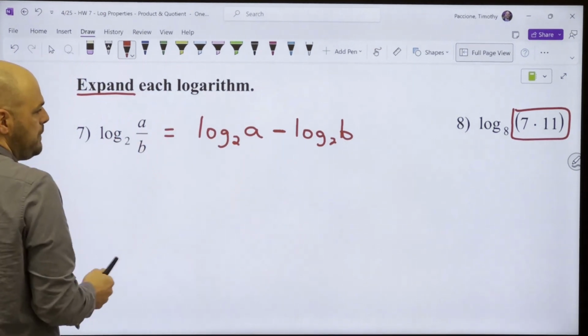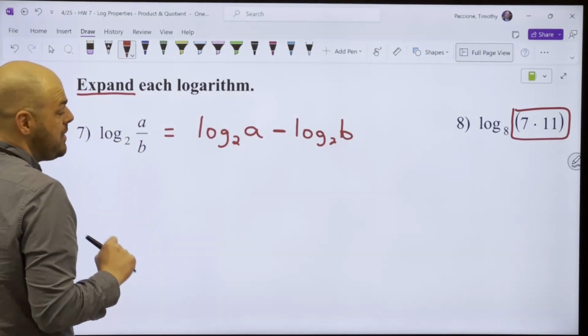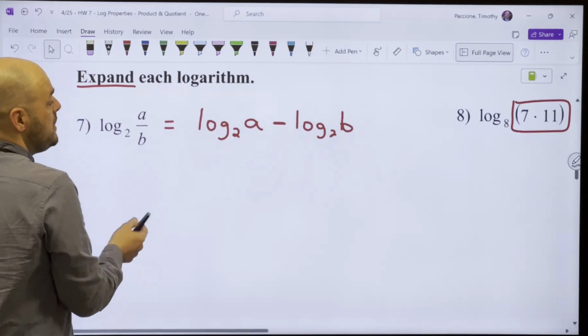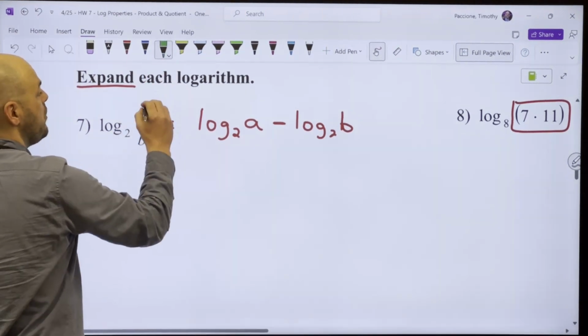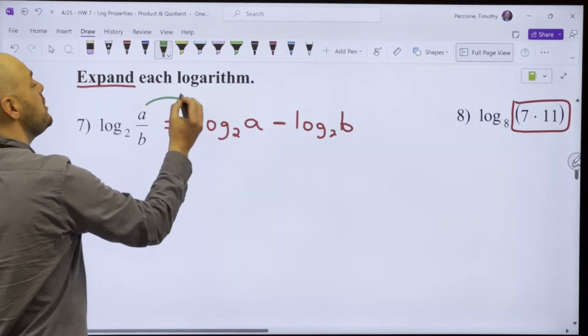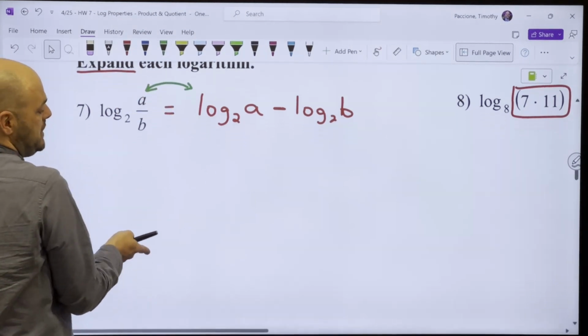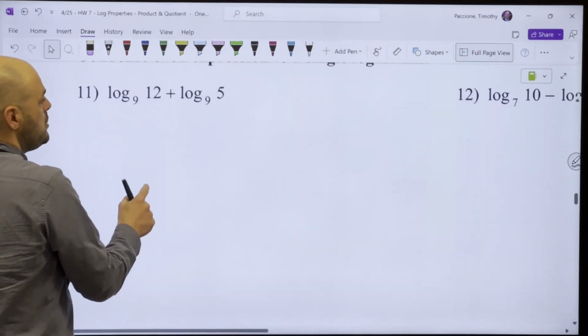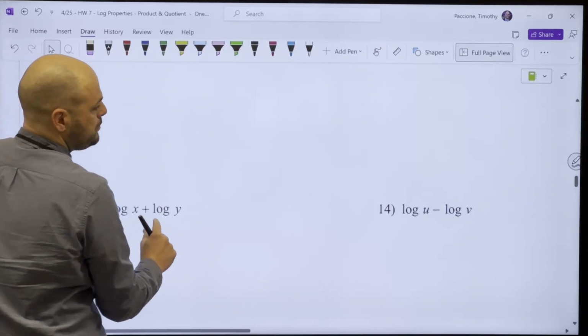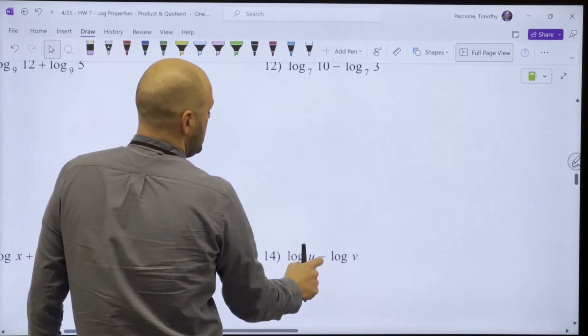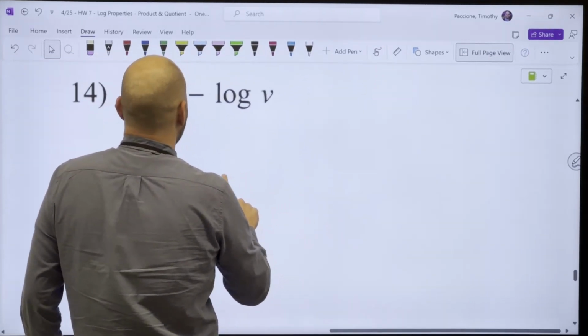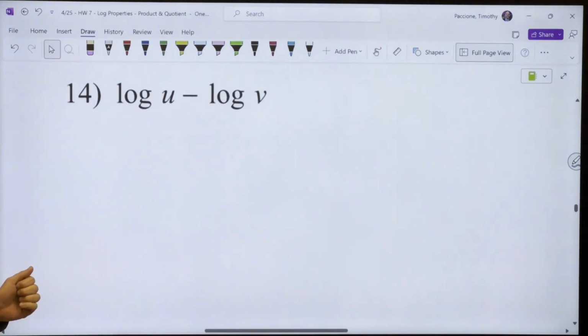That's inside the log. Now, I'm going to pop around a little bit, because this is one way you should be able to go, right? This way. But you should be able to go backwards too. And that's what this part down here was about. So for instance, if I had number 14, now it's asking you to condense, bring it together into one log.